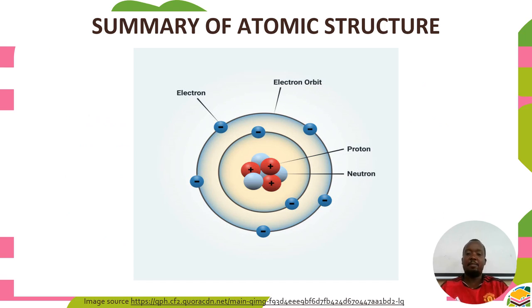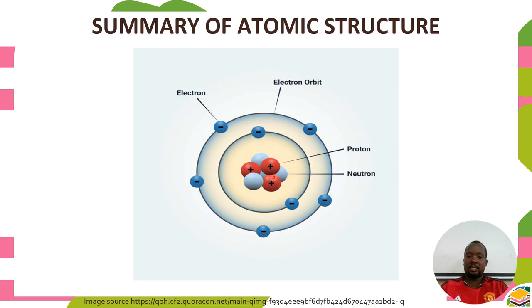Now we can have a summary of atomic structure. As you can see on this diagram, this is our nucleus, and inside of the nucleus we have protons, which have a positive charge, and also we have neutrons.